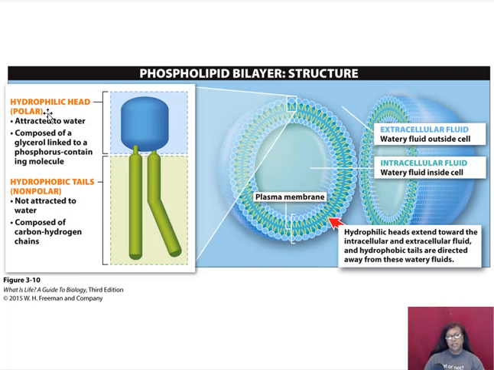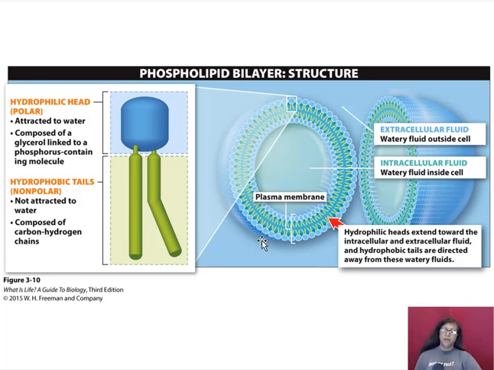And hydrophilic means that it loves water, and hydrophobic means that it hates water. And so because of this polarity of the phospholipid, when you drop a bunch of phospholipids in water, basically almost like click chemistry, they're going to align such that the hydrophilic heads are going to be close to the water, and the hydrophobic tails are going to be pointed away from water.